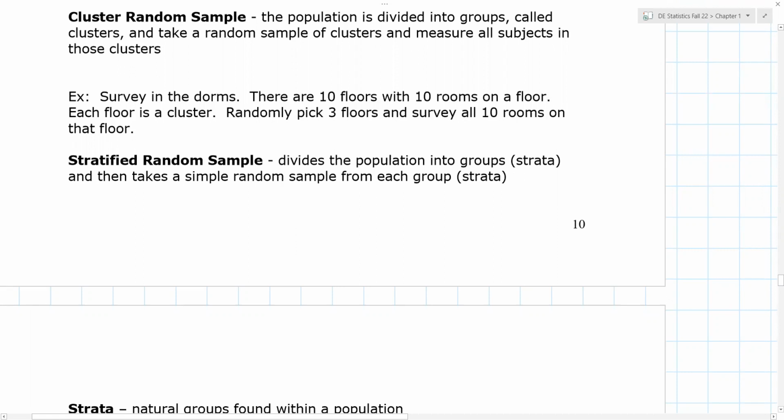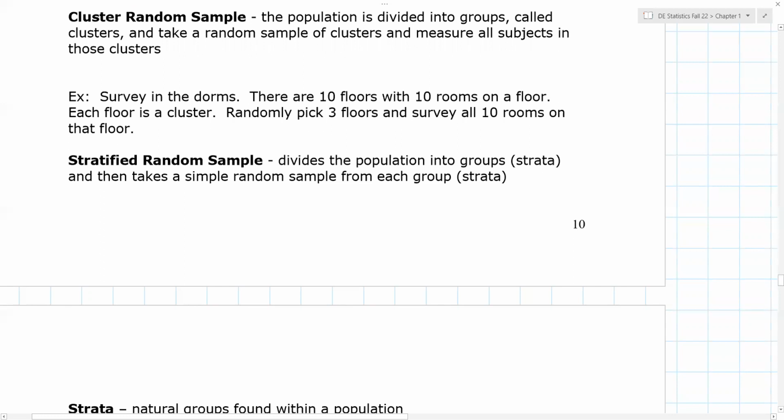Where I said classrooms were going to be my clusters, if I was going to do stratified sampling at Arapahoe, I could pick grade level. So I could say 9th grade is one strata, 10th grade is a strata, 12th grade is a strata, or freshmen, sophomores, juniors, seniors. So I've broken up my population into much larger groups than with clusters.